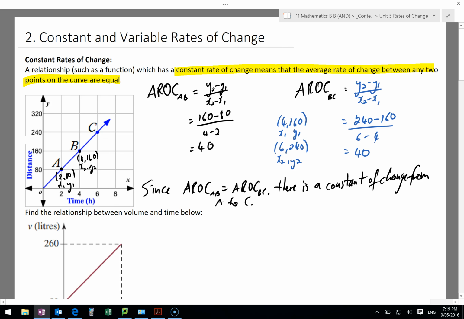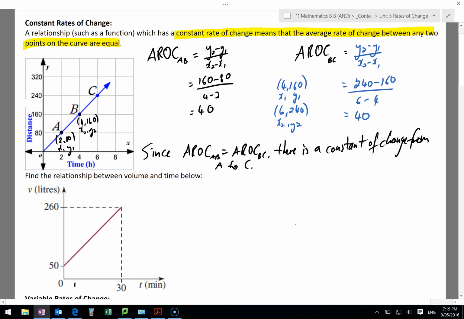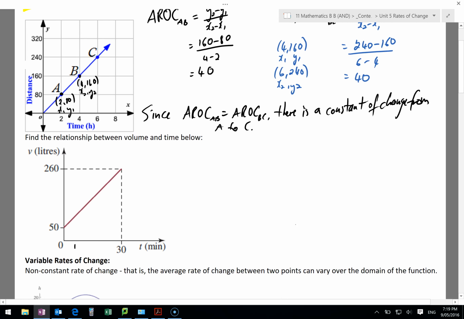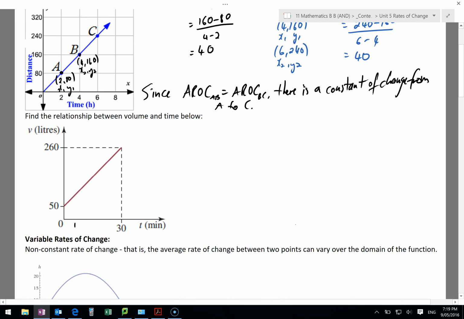Okay, once we're satisfied that there's a constant rate of change, we can use that idea to find relationships between variables. We've done this before with a straight line, y equals mx plus c. Essentially the gradient is going to be the average rate of change between any 2 points.